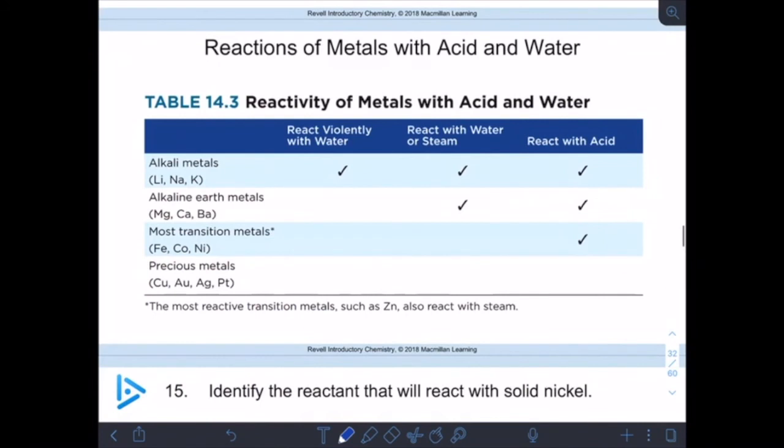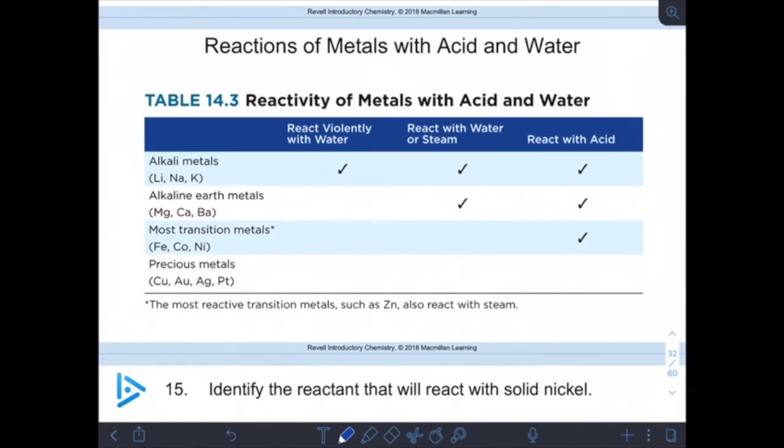Okay. Right, so reaction of metals with acid and water. Okay, all of our alkali metals, lithium, sodium, potassium, remember the video that I showed you all in class at the beginning of the semester? They react very badly with water. They also react badly with steam and acid.